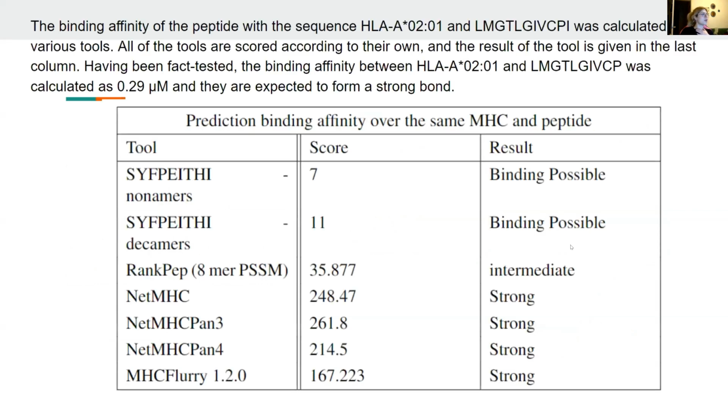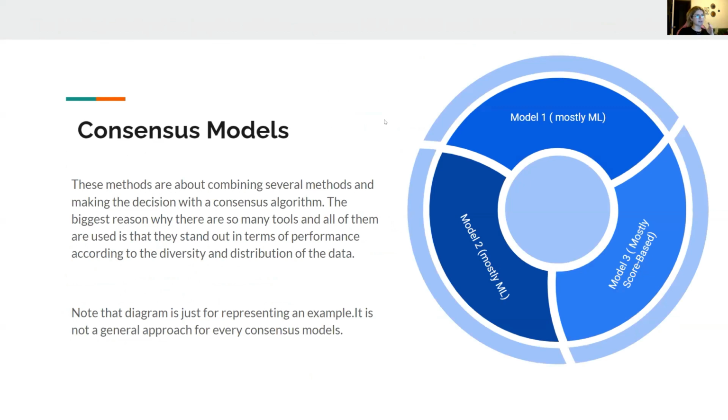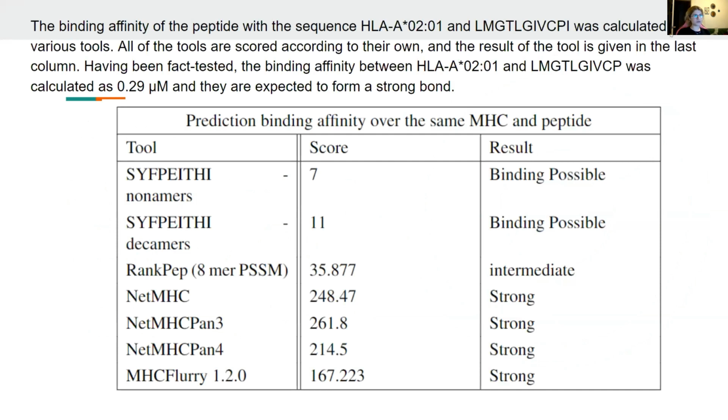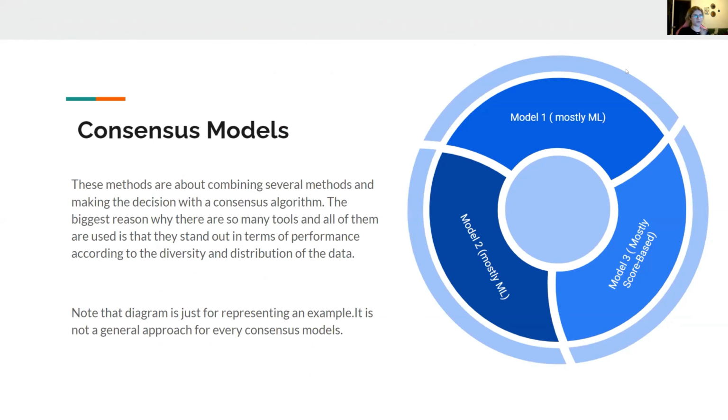Sorry for that. Consensus models, this diagram is just for representing it. They are mostly used because consensus models mostly use one or two ML models, one score-based for linear features and the other for ML features.